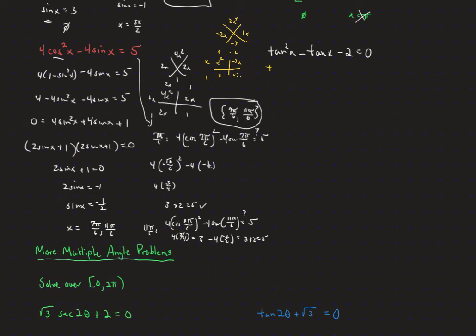So that's going to make it factor into tangent x minus 2 and tangent x plus 1 equal to 0. Now, the tangent x plus 1 equal to 0, I think we can solve because we don't need a calculator here. Now, tangent, remember, is sine over cosine.